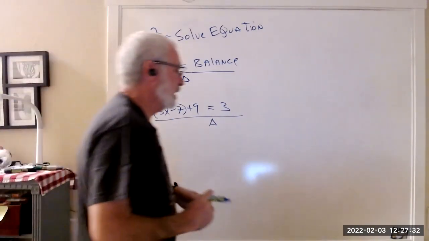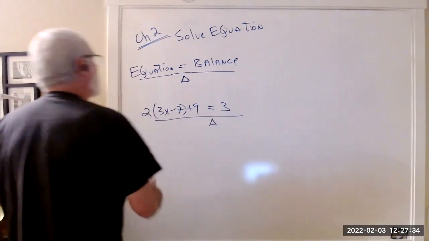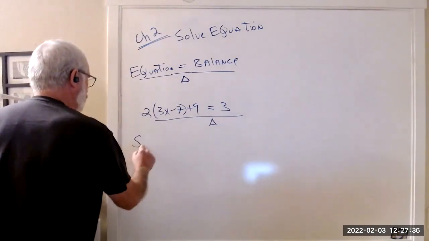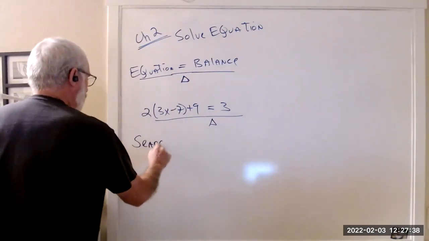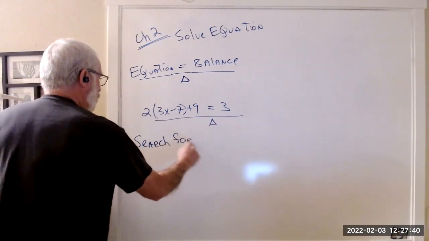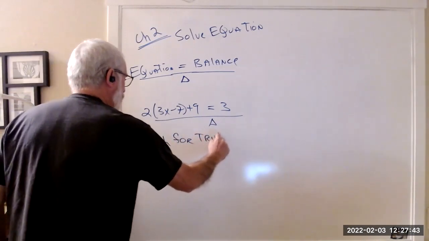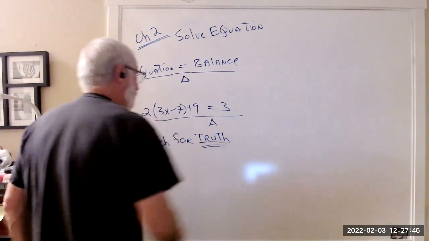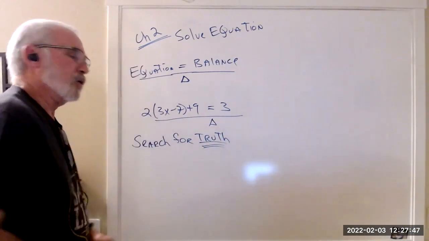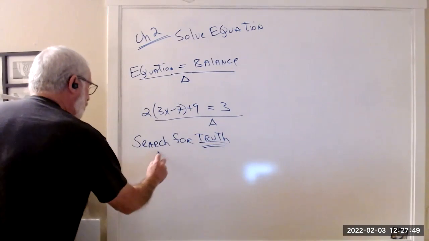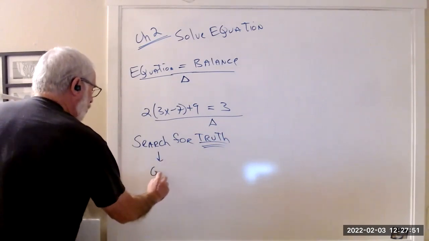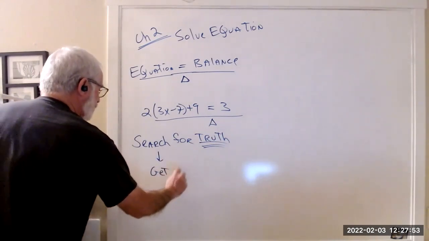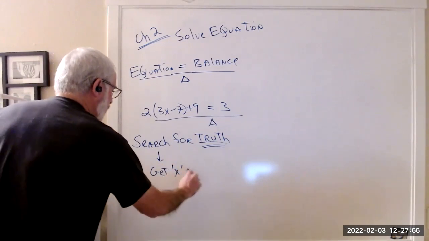The next thing is an equation is a search for truth. Believe it or not. Eventually, when you solve an equation, your goal is to get x alone.